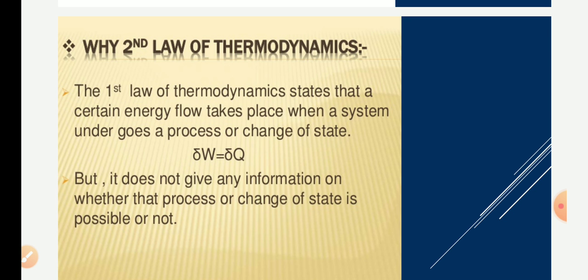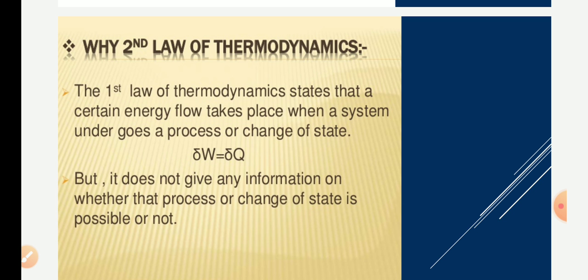That means the amount of change in internal energy or work done is equal to the heat energy. But when the conditions, process or phases change, it can't explain. So to explain that, the second law of thermodynamics came into the picture.